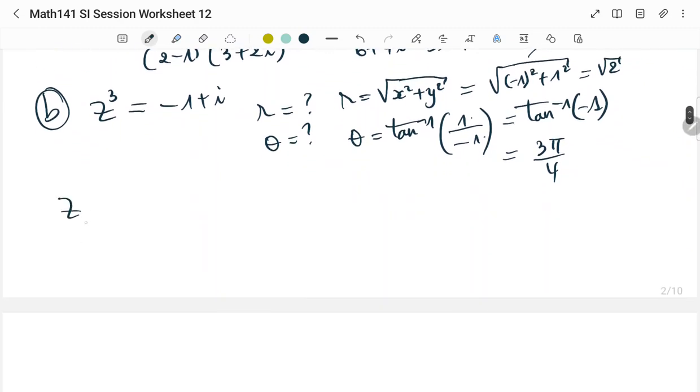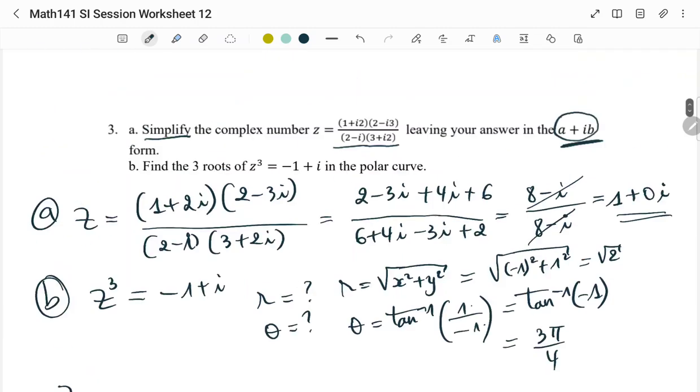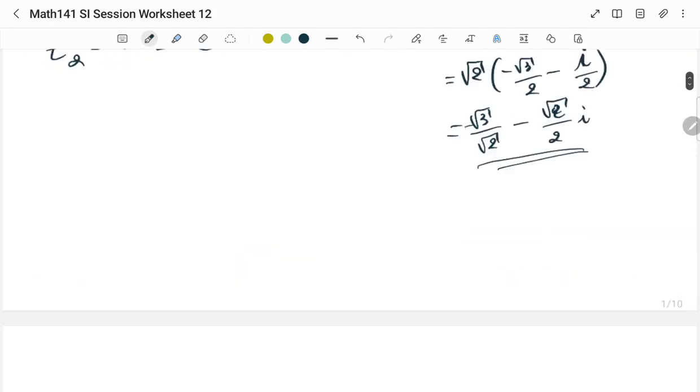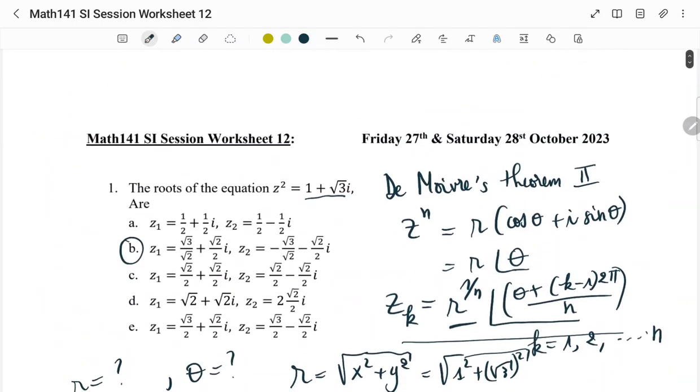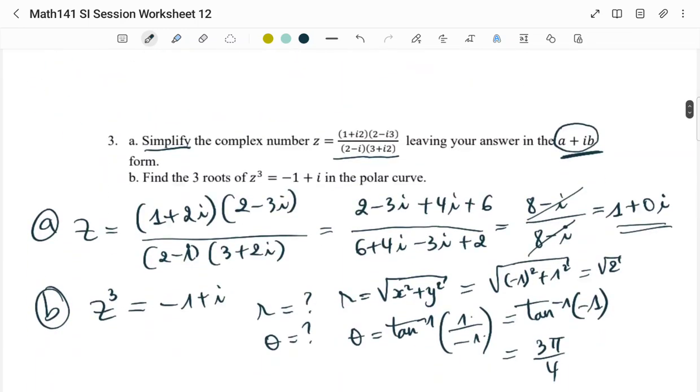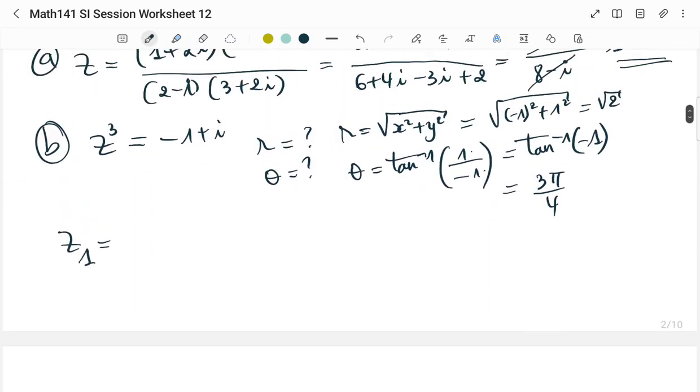What's the first root? Well, if you go back to De Moivre's theorem that we laid out in the first problem, the first root will just be r to the 1 over 3, which is root 2 to the 1 over 3.